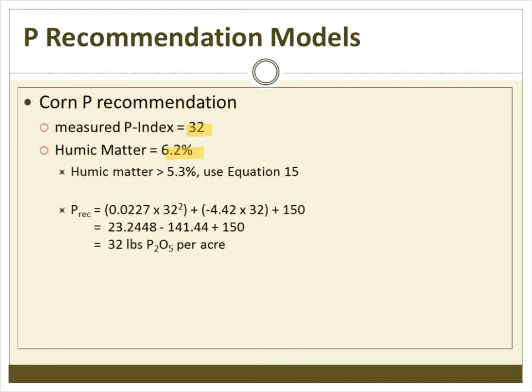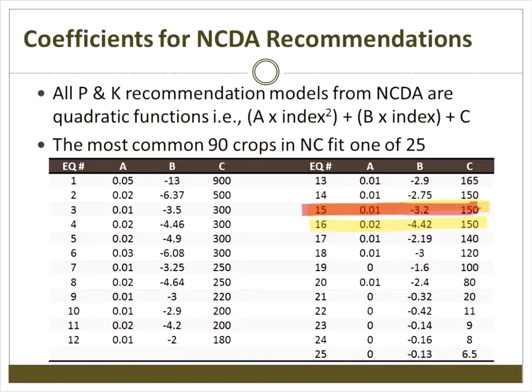So phosphorus recommendation is going to be 0.0227 times 32 index squared. Where's that 32 coming from? There you go, here's our 32. Where's that 0.0227 coming from?